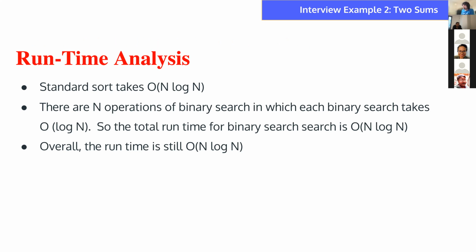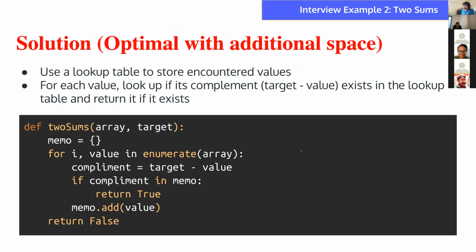Can we go back to the first solution, the optimal one that you presented using the memo solution? Yeah, and this one does use extra space in that it has a dictionary that's being tracked. I see that you use a loop to find what you're looking for here.